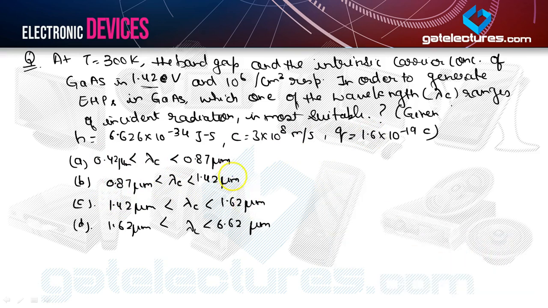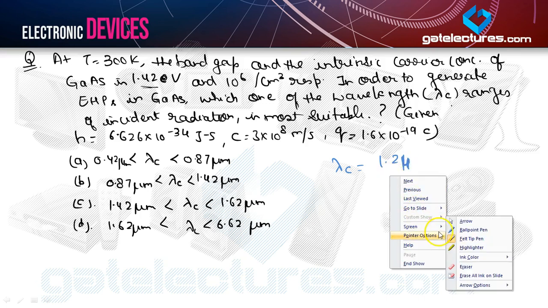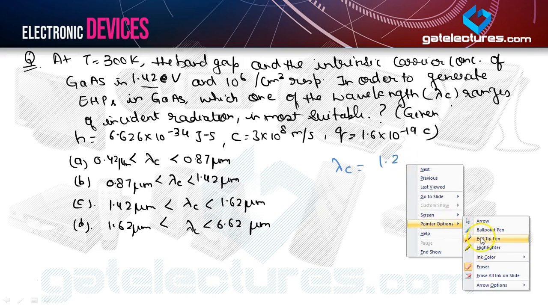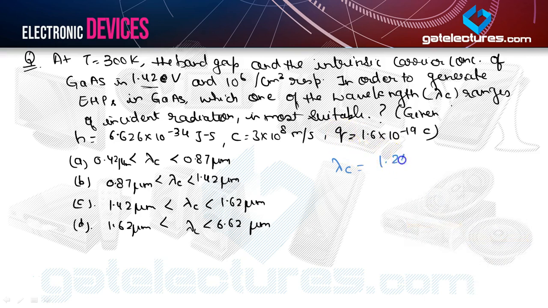Let's find out which option correctly matches the requirement. As we already studied in the last lecture, we can find the critical wavelength, lambda c, as 1.24 upon Eg micrometer.